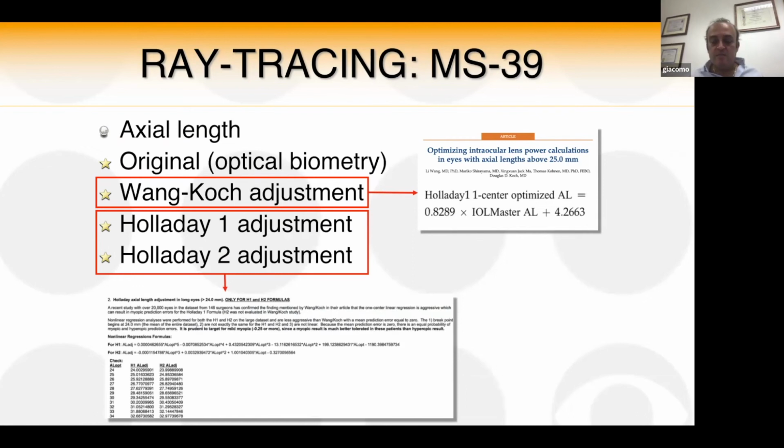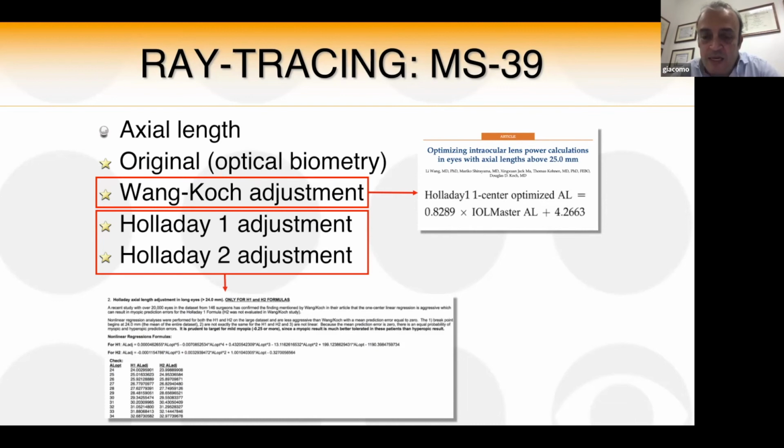This was published by the group of Koch in 2011, and they provided us with this equation for the IOLMaster, so that when you had around a 30 millimeter long eye, using this equation, the axial length was reduced by around 1 millimeter, and it was proportional to the axial length.